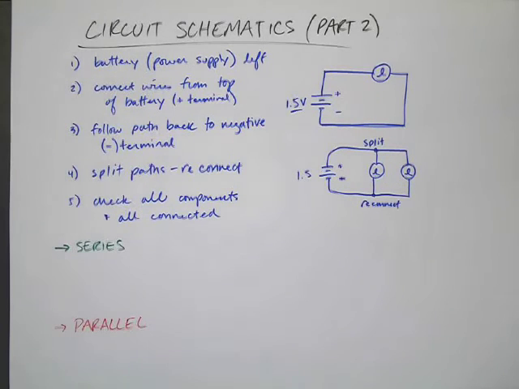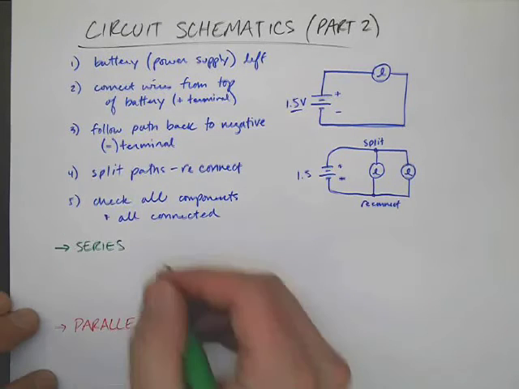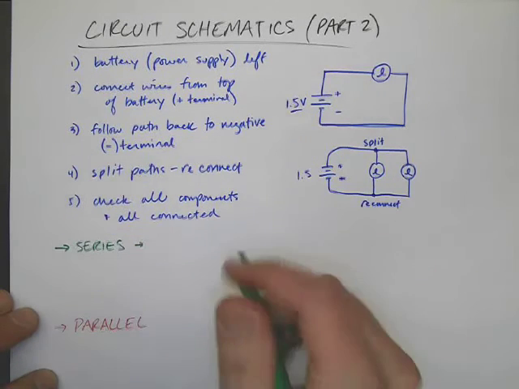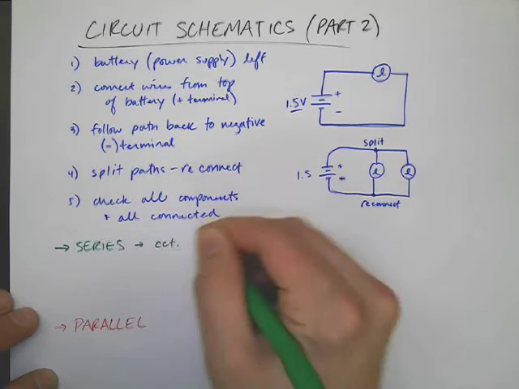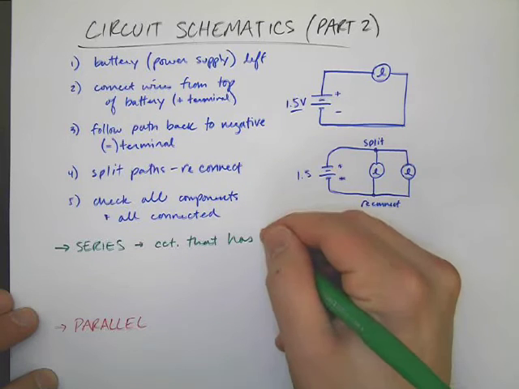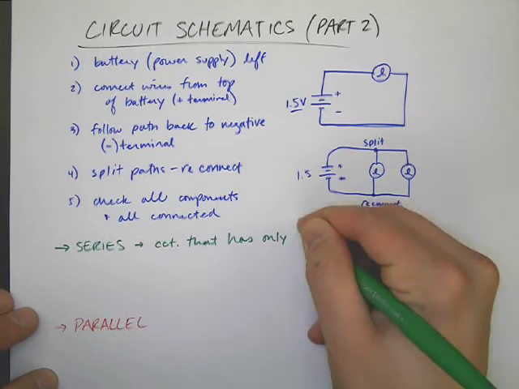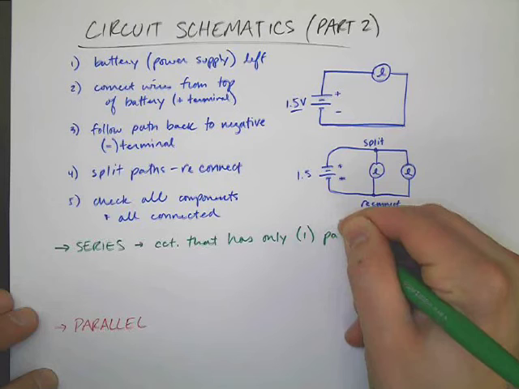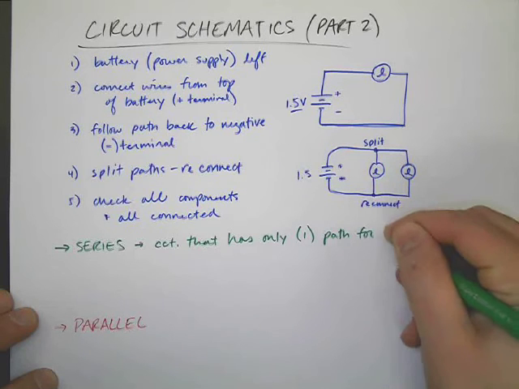And in their most simple form, a series connection is a circuit that has only one path for current to flow.